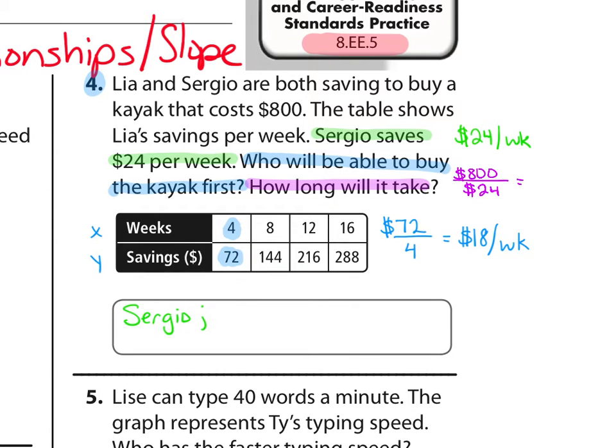So we can just go to a calculator and divide 800 by 24, and I get 33.3 repeating. Now you have to think about this a minute. 33 weeks would be almost enough money, but not quite. So it's going to take 34 weeks. It's going to take that extra week of savings to reach his $800 goal, and then a little bit over that.